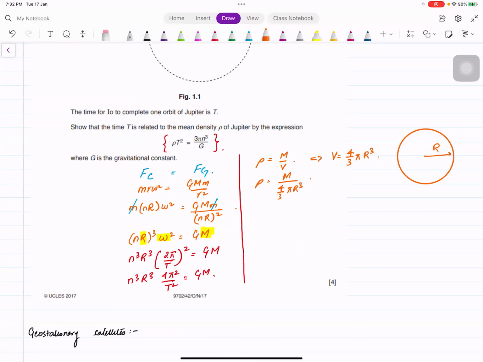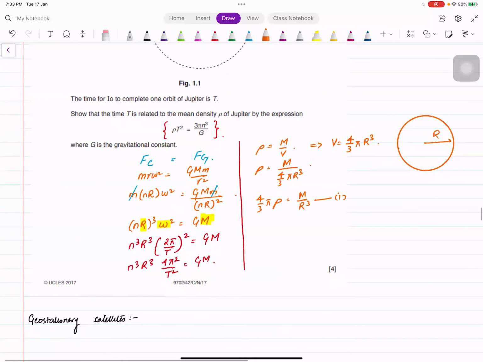It's correct. Can I then say that 4 by 3 pi times density is equal to m over r cubed? Okay, so let's keep it as our first equation here.